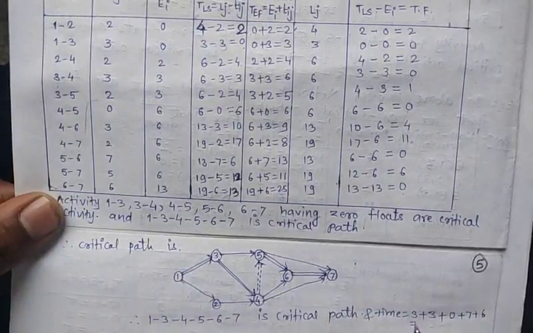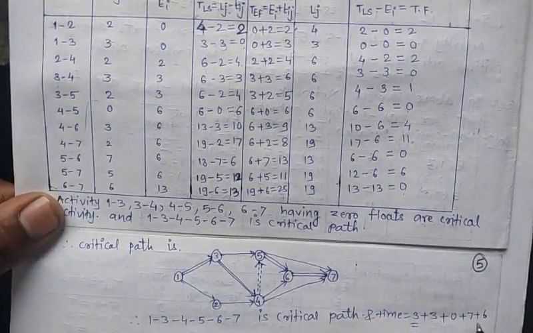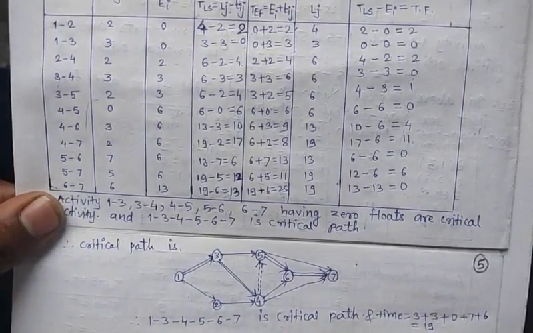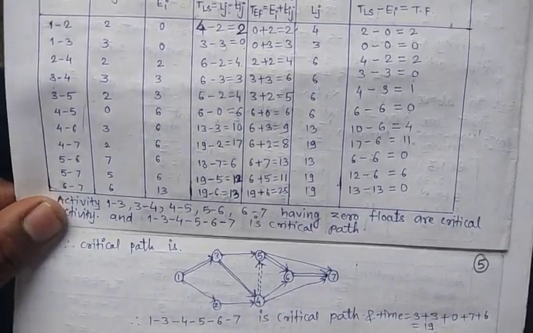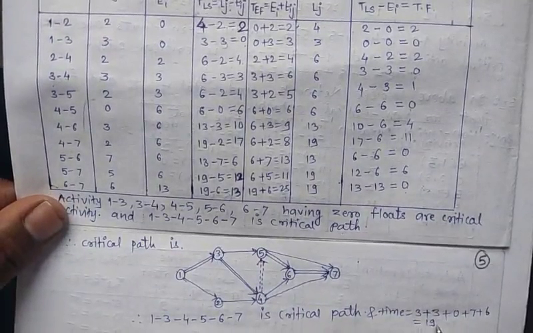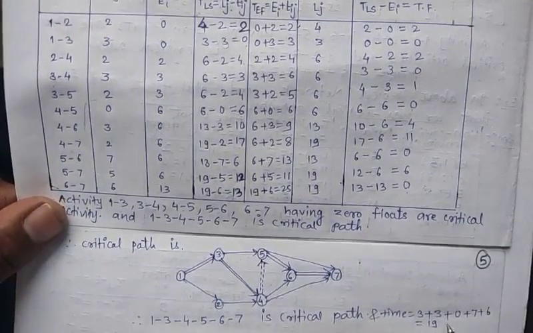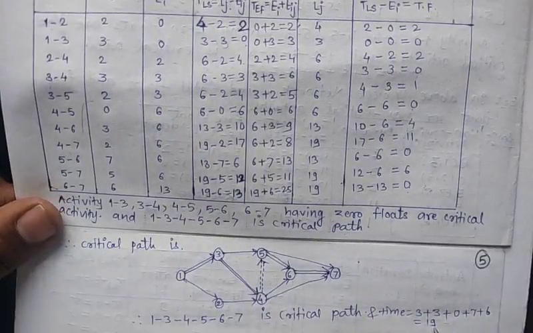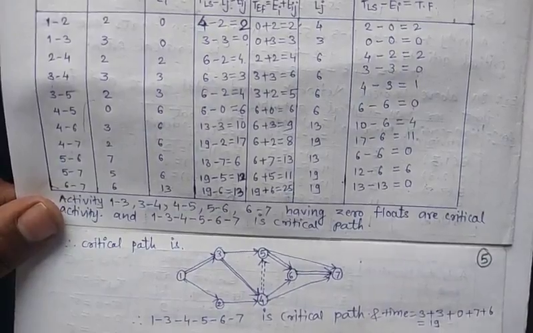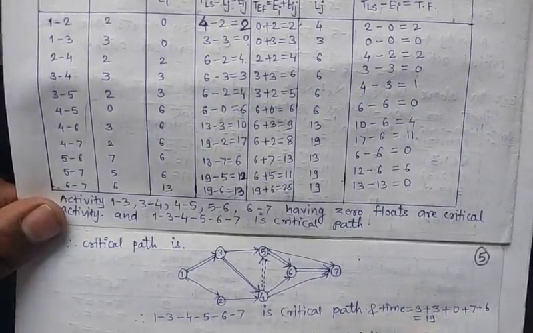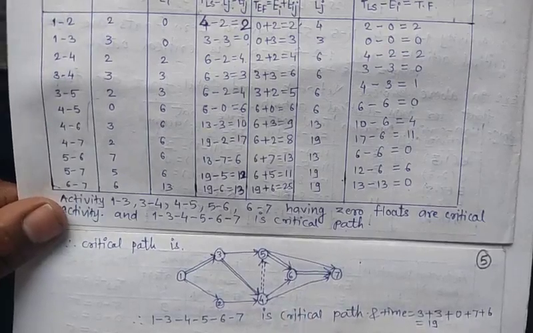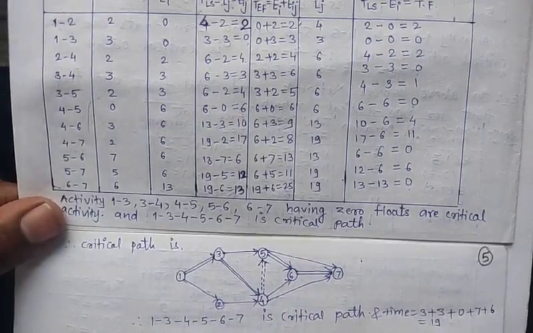After calculating this, we get 19. So this is the total time to complete the path: 19 units. If this is given in hours, it is 19 hours. If this is given in weeks, it is 19 weeks. So we get a total duration of 19 weeks. So this is the critical path for the given diagram. Okay, we will stop here. Thank you.